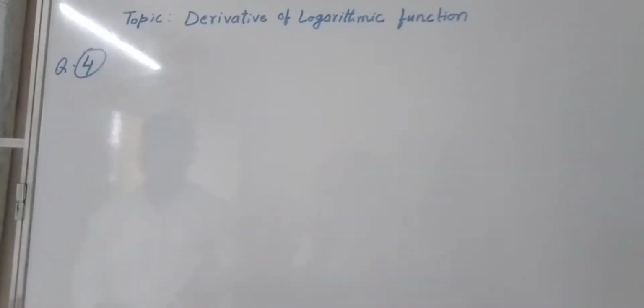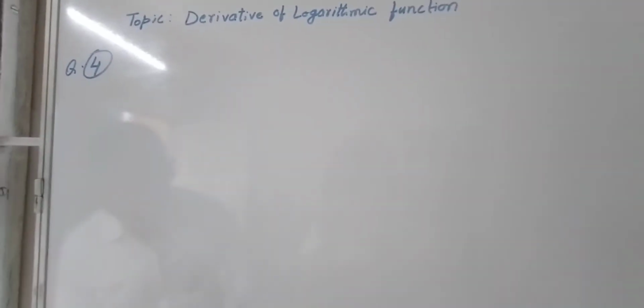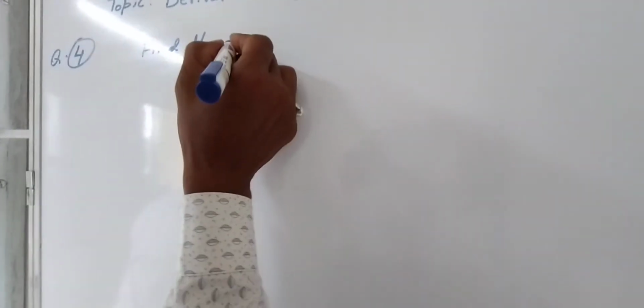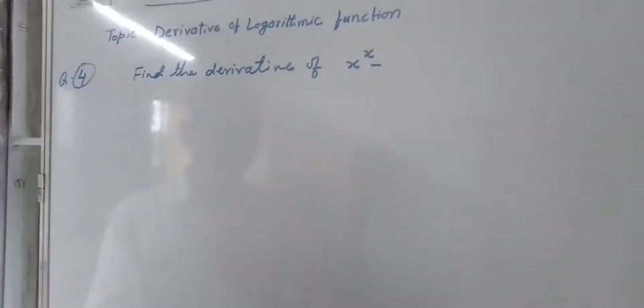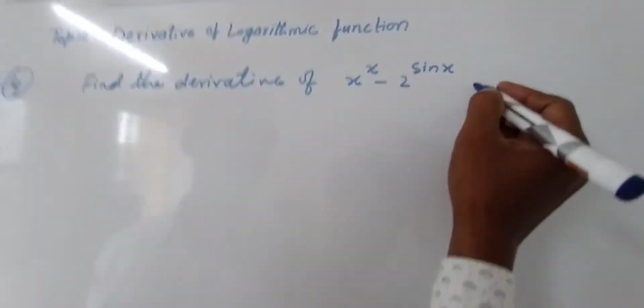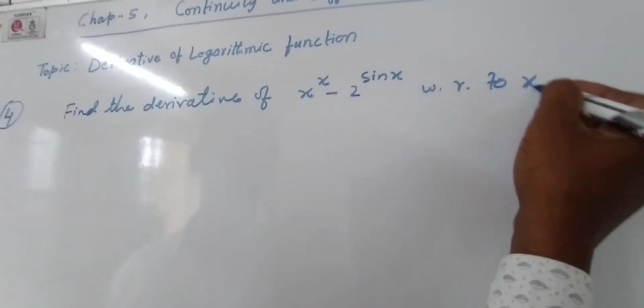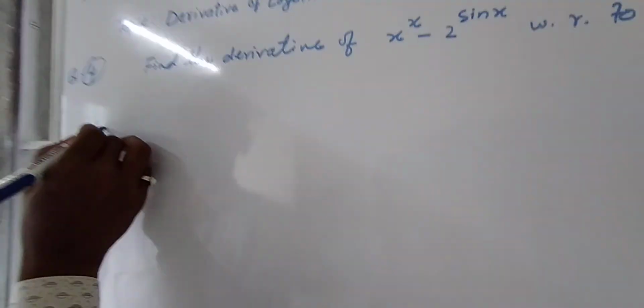Question number 4 is again, find the derivative of x to the power x minus 2 to the power sin x with respect to x. In a similar way we will solve this solution.